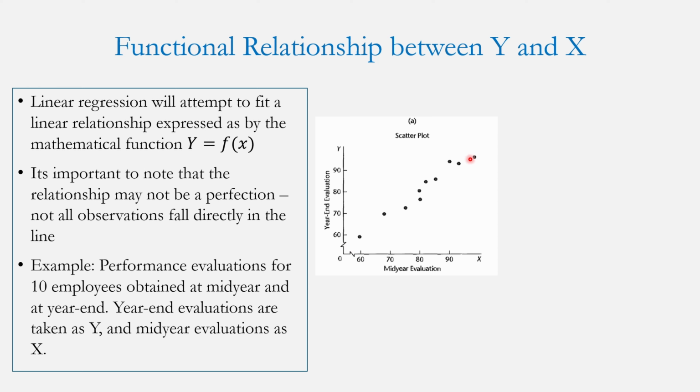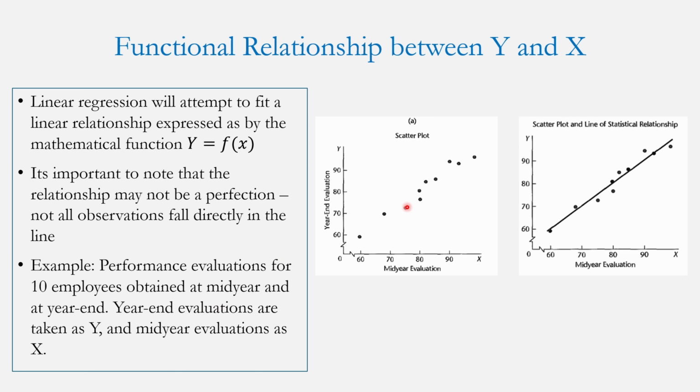So here we had performance evaluations of 10 employees obtained at mid-year, and the goal is to compare it with end-year evaluation, so that mid-year can be a good predictor of end-year evaluation. So this is the line. When we try to fit the line, we try to be as close as possible to many points and minimize the distance between a point and the line.